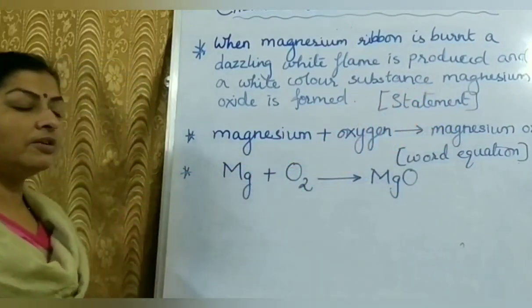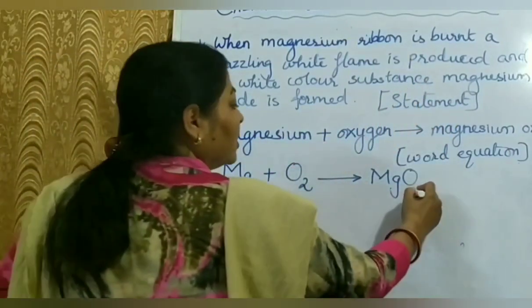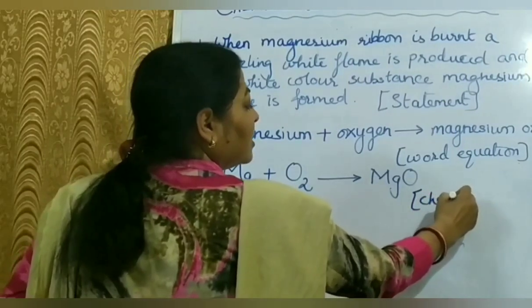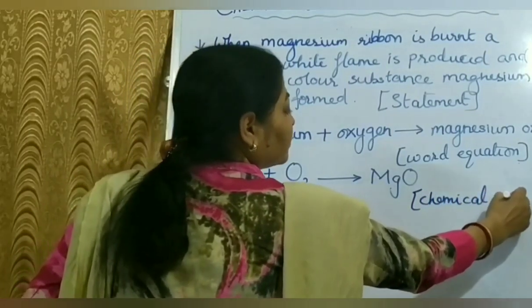So this is the definition of a chemical equation. So children, we can call this a chemical equation.